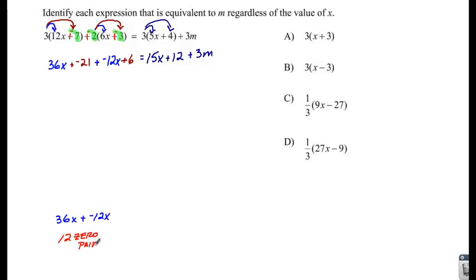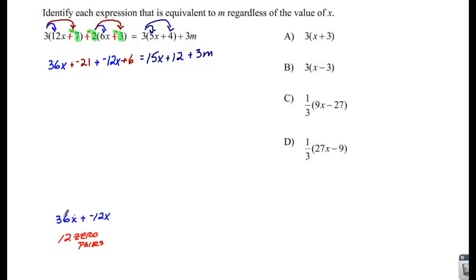Anytime I'm combining positives and negatives, I want to keep in mind these zero pairs. Things cancel out. You might think, do I really have to put that down? You don't. If you can do it without, you don't. I still find it useful. And I've noticed the papers of the students who do the best at this, many of them still write down the idea of the zero pairs.